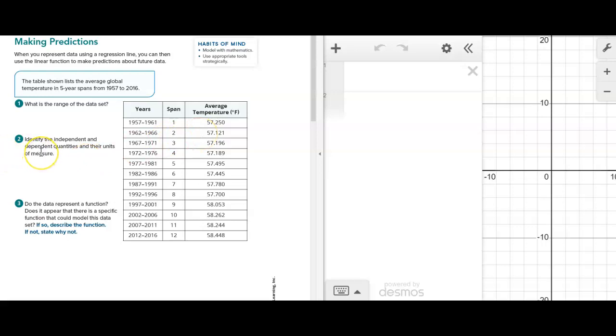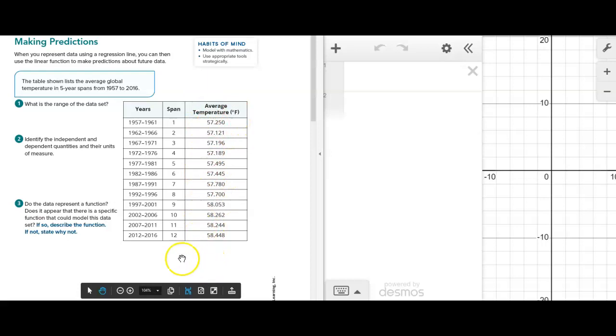The independent and dependent quantities and their units of measure, remember that the independent quantity is the one that you have on your x-axis, the horizontal axis. In this case, the span is what we're going to have on our x-axis. So that's our independent quantity. And the temperature, the average temperature for that 4-year period, is going to be our dependent quantity.